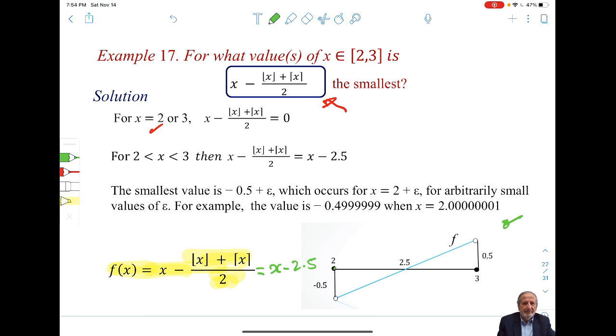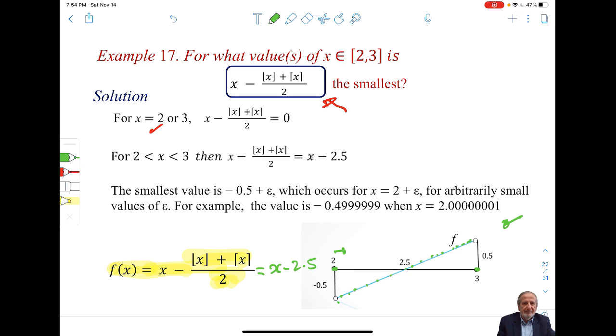At 2, it's 0. At 3, it's 0. As soon as you move a little bit here, it drops to about -0.5. It will not get to -0.5, only close to it. And that's the smallest. And then it starts increasing.